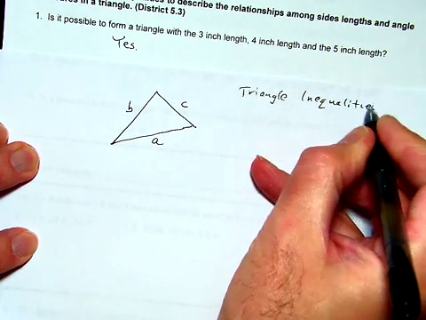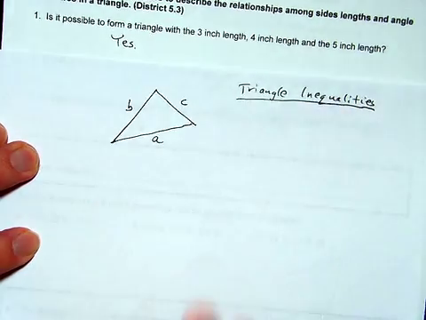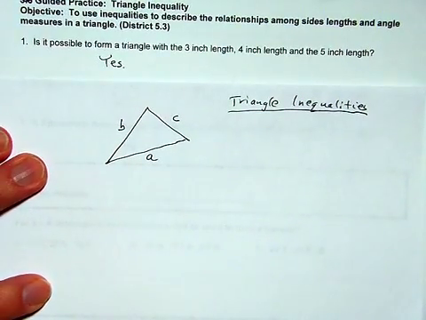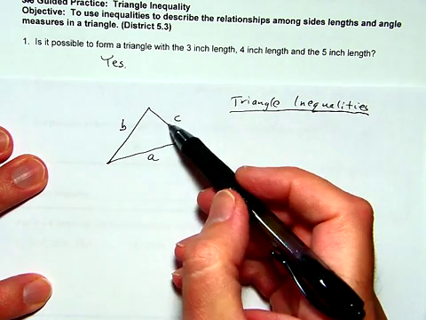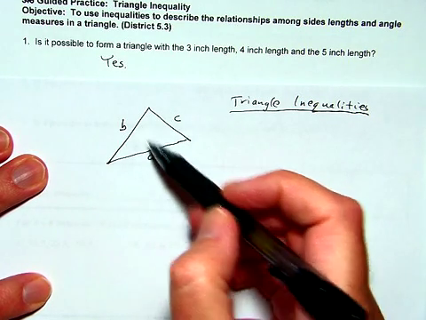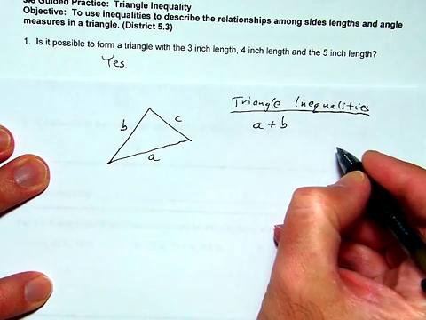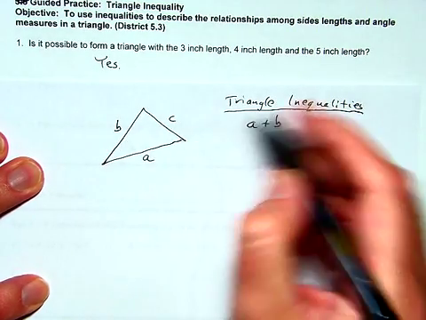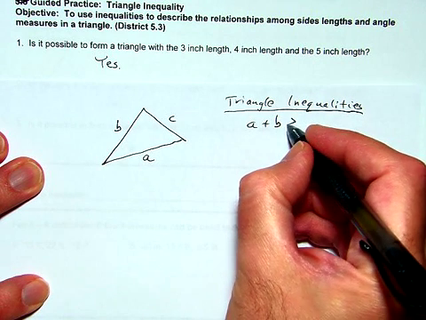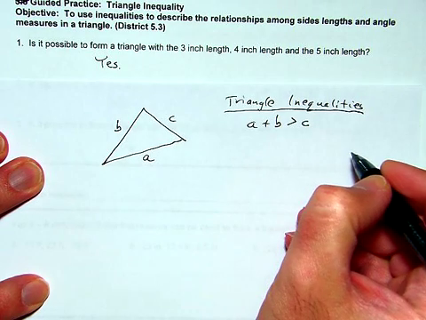Or actually, it really should be triangle inequalities, which states that if you take any two sides of a triangle, let's start with A and B, and you add them together, the sum of the lengths of those two sides must be greater than the length of the third side.